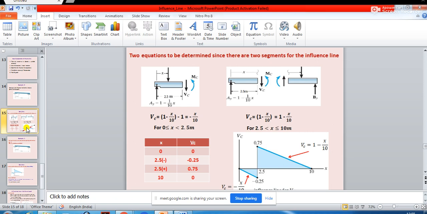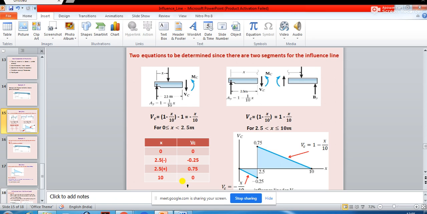Now you tell me, how do you find out shear force? For shear force also, what do you find out first? You will have to find out reaction, right? Reaction.